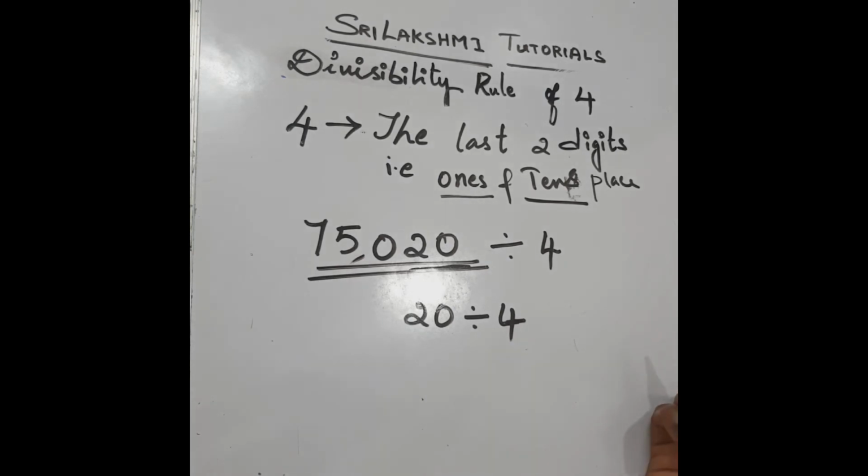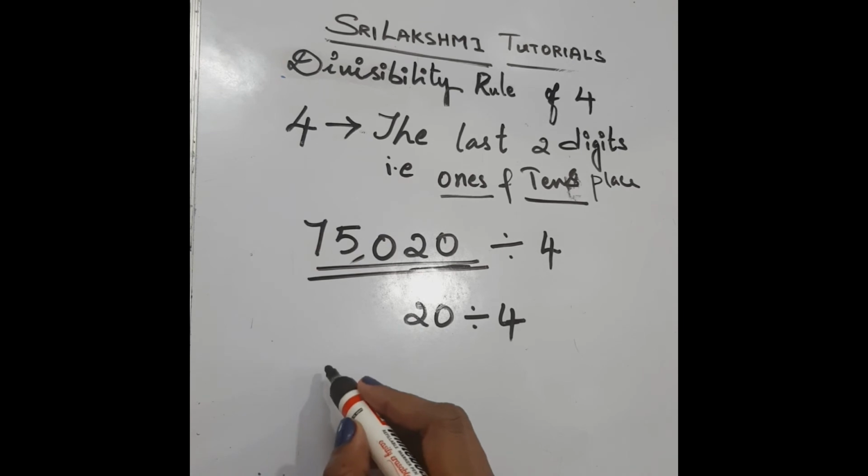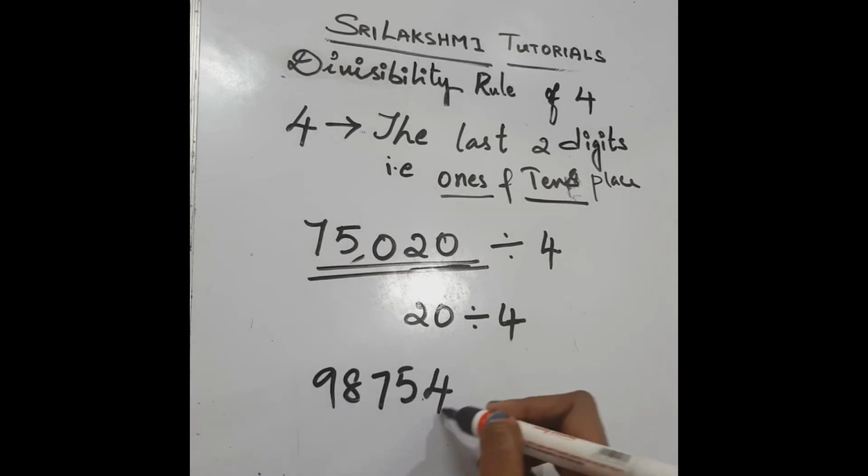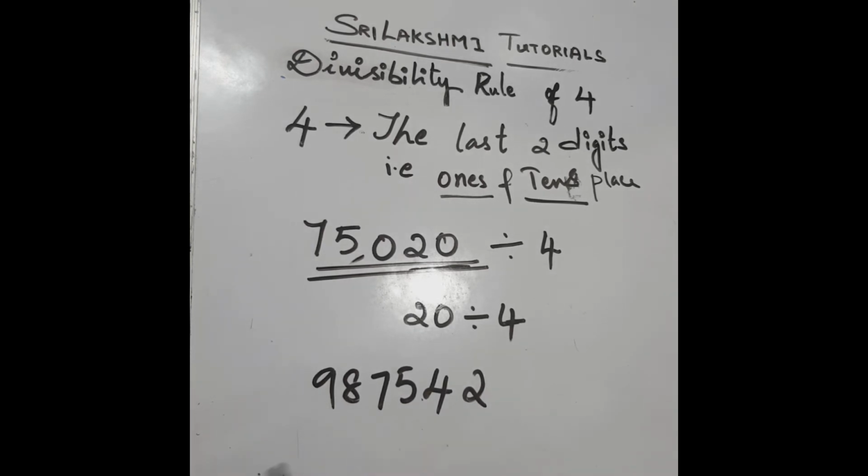Now let us check another number, 987542. Check whether it is divisible by 4 or not. Now we have 4 and 2 in the ones and tens places. The number is 42. Is it divisible by 4 or not? Check it. No, it is not divisible by 4.